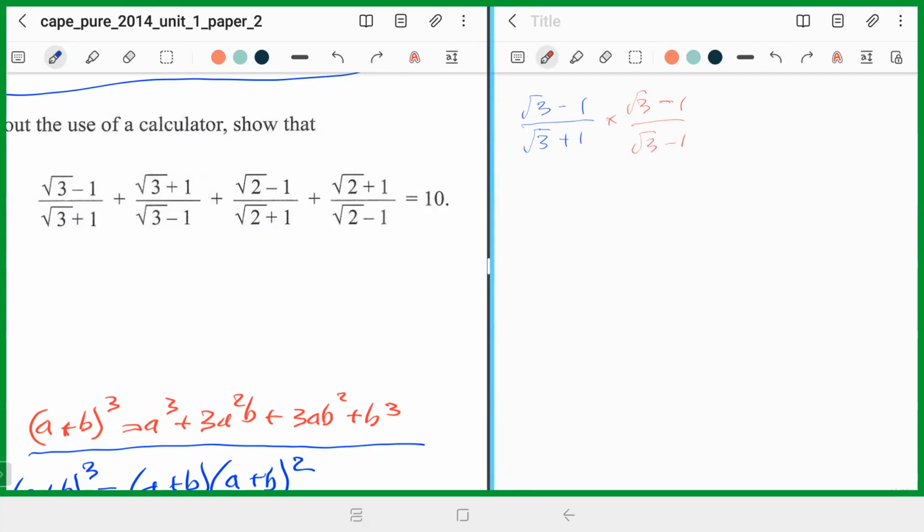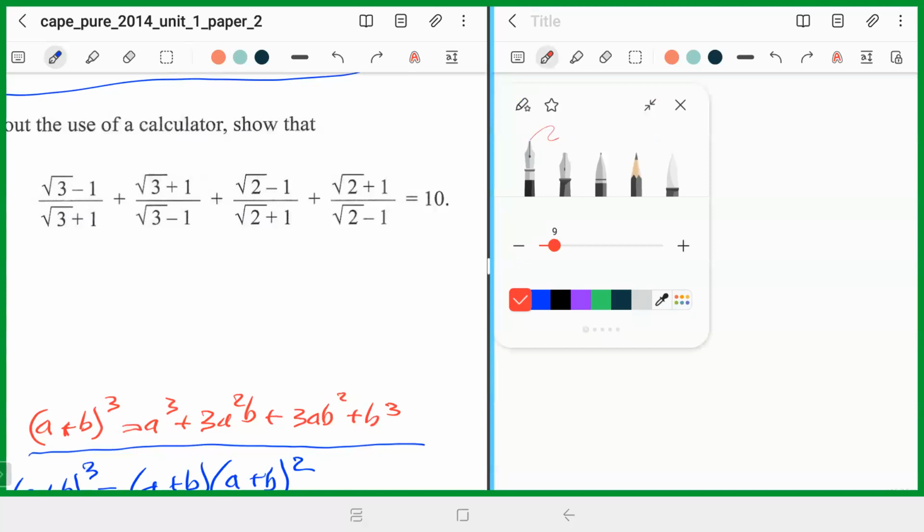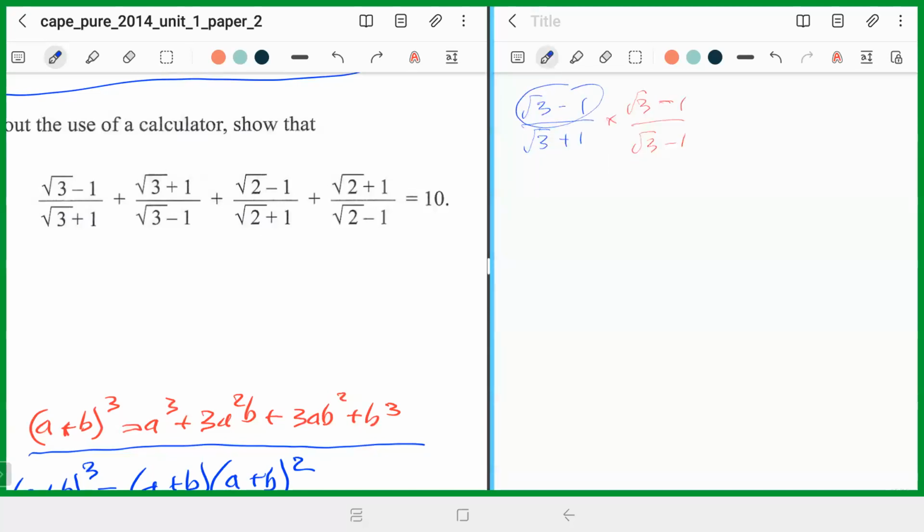Alright? So it becomes equal to, the numerator becomes a perfect square, right? This squared gives me 3. Then twice the product of the two gives me minus 2 root 3. And the second term squared is a plus 1.